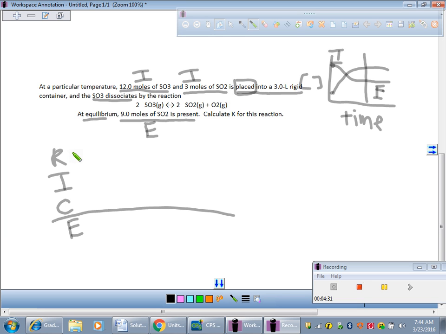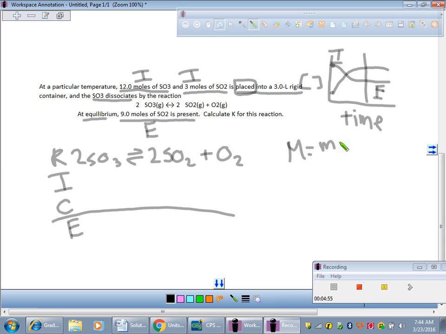R is our reaction, which we have, 2SO3. Remember now our arrow goes in both directions. It's an equilibrium reaction. All right, we're going to write our initial values. Now remember, initial and equilibrium is in concentration. I give you moles, but you all know how to get concentration from moles.